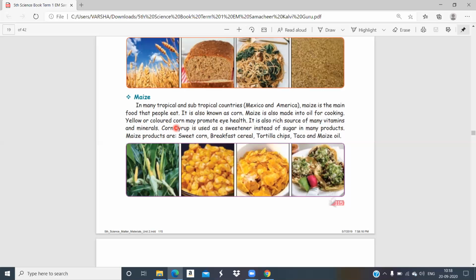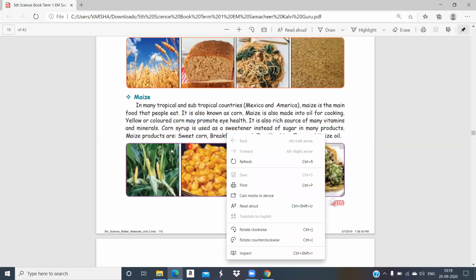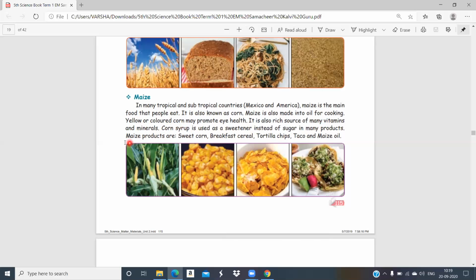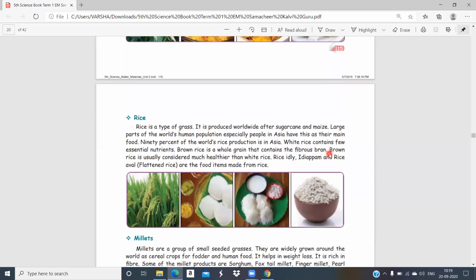They use corn syrup as a sweetener instead of sugar. And maize products are sweet corn, breakfast cereal, chips, tacos, and maize oil.